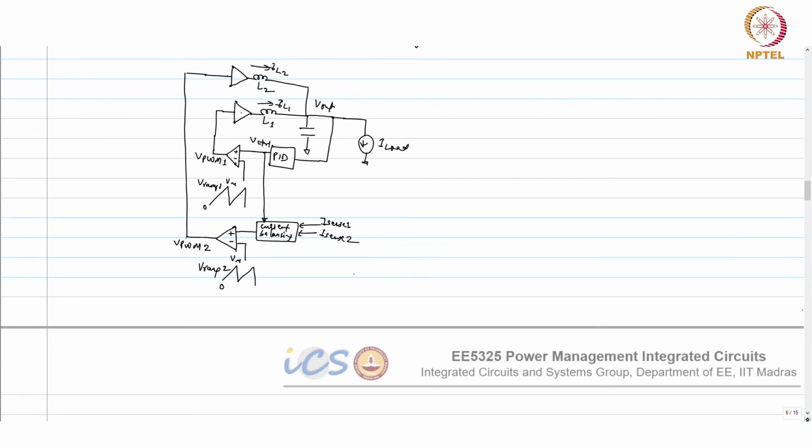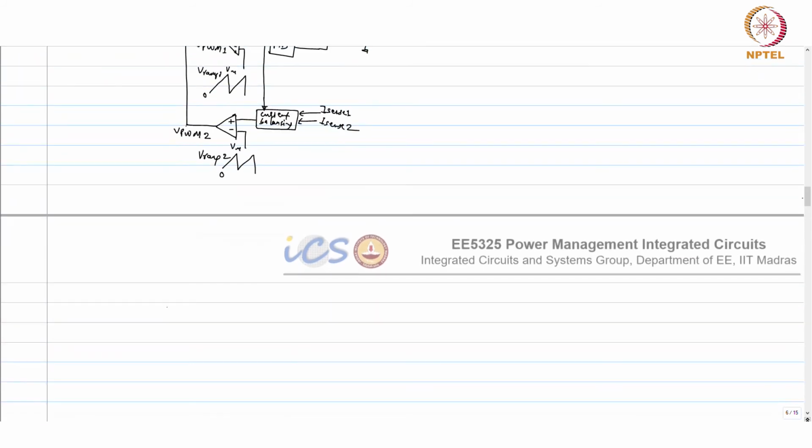So what is the current required at each phase? I sense 1 plus I sense 2 divided by 2 equals I average.